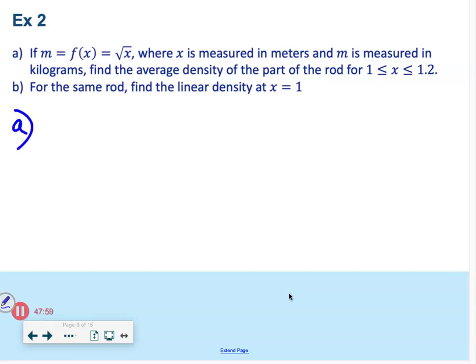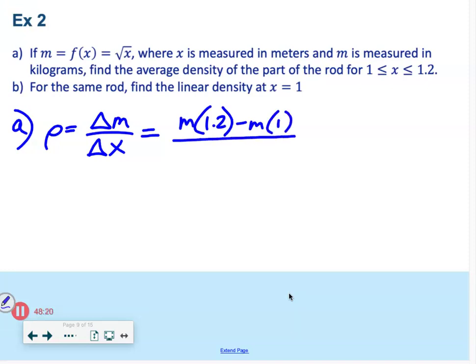Your average density, remember, is the change in mass over the change in length. So our average density would be m of 1.2 minus m of 1 over 1.2 minus 1.